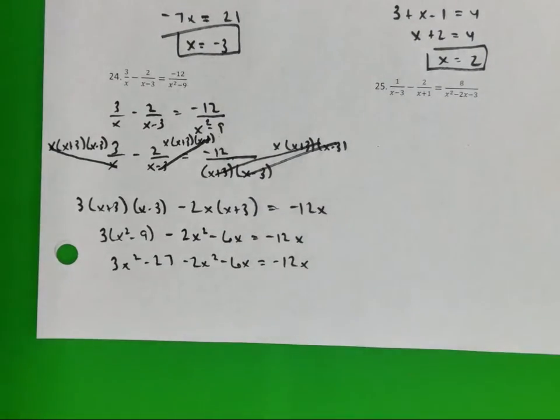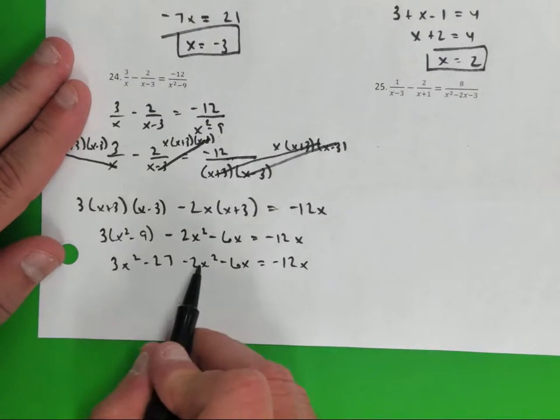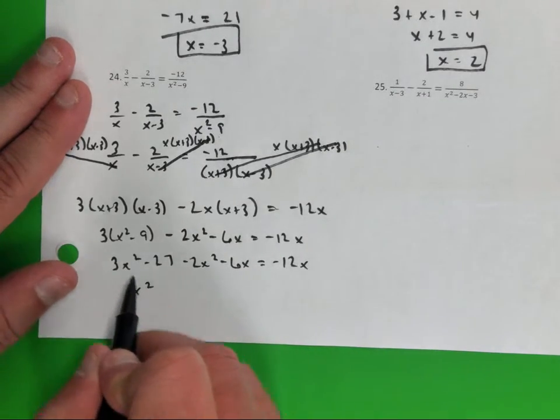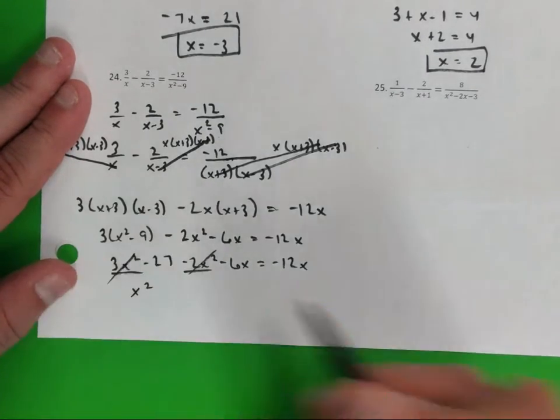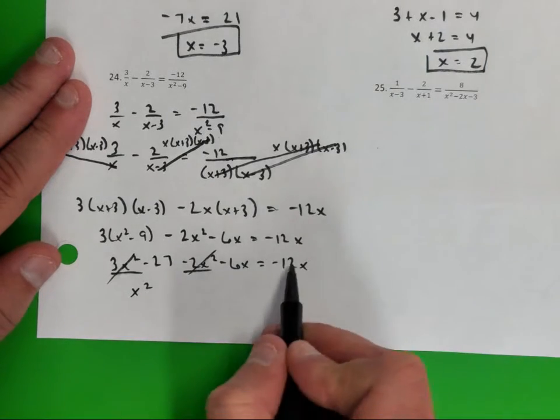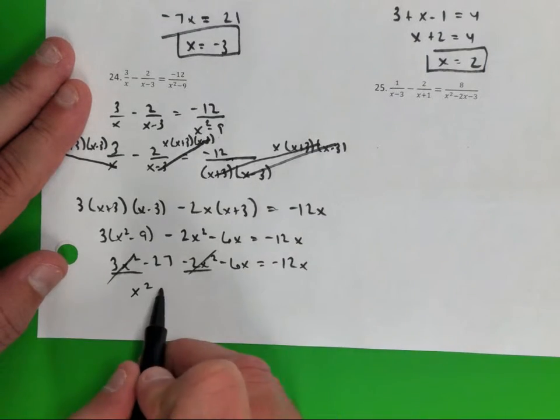Now, I have gone from a rational equation to a what? Quadratic. I have transformed it. I'm going to get more than one answer, so would I have to check my answers on this particular problem? Yes. Alright, combine like terms. 3x squared and negative 2x squared is x squared. Do I need to move that negative 12x over?